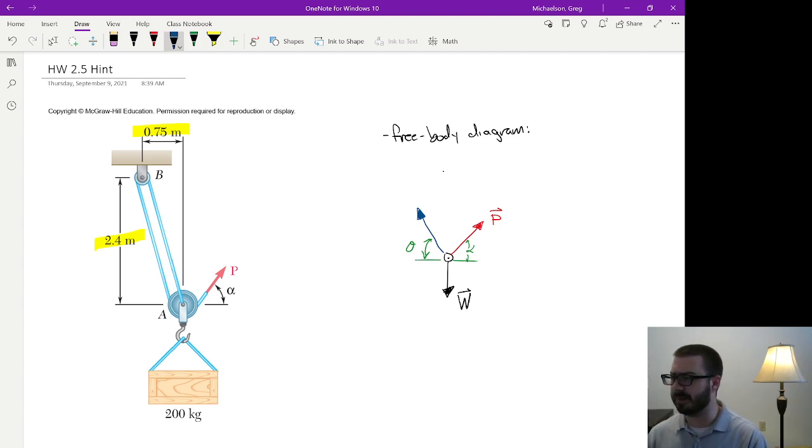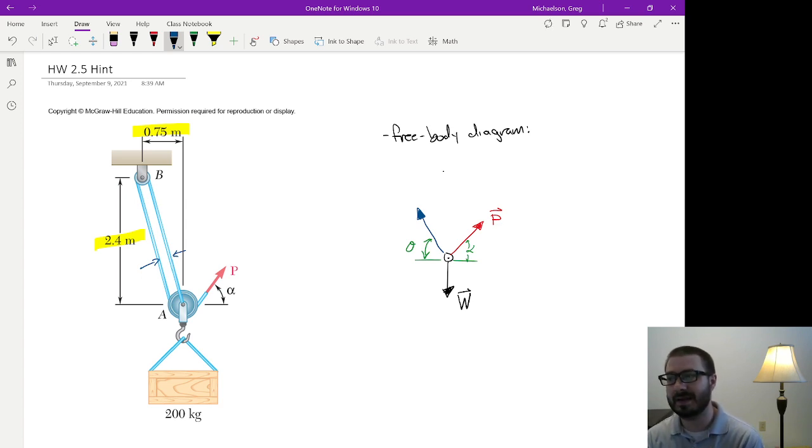Well, here's the deal. With cables, ropes, pulley problems in general, the assumption is that the force in the cable is consistent throughout the cable. Now, this is a static particles problem, so I know it looks like those cables are separated by a distance, like you see right there, but we're going to assume that those are all lumped on one point.